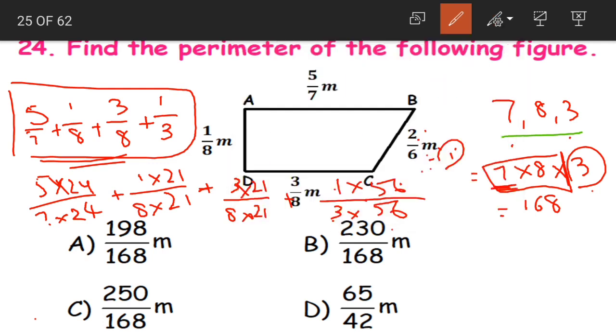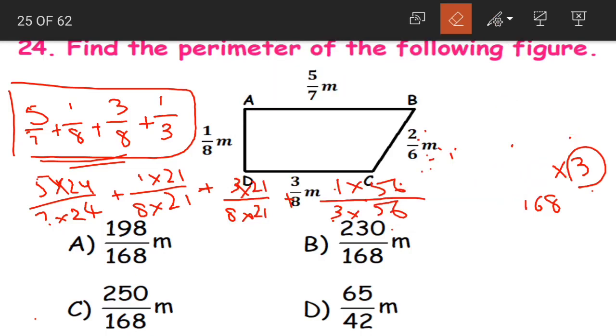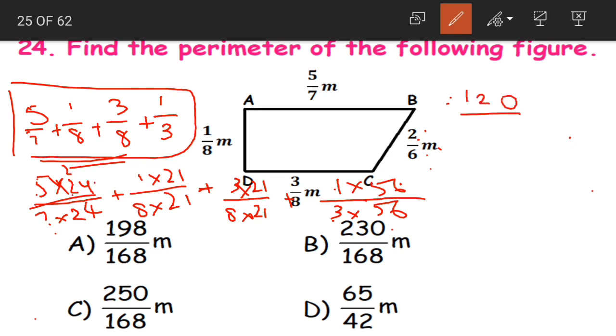Now after multiplication, what will be the answer? Let me do it here, children. 5 into 24 becomes how much? 5 fours are 20, 5 twos are 10 plus 2, 12. So 120 divided by 7 into 24, which is nothing but 168. That is our LCM.